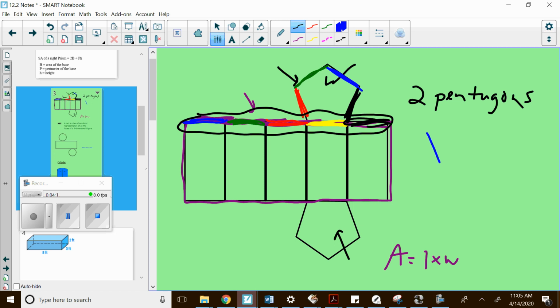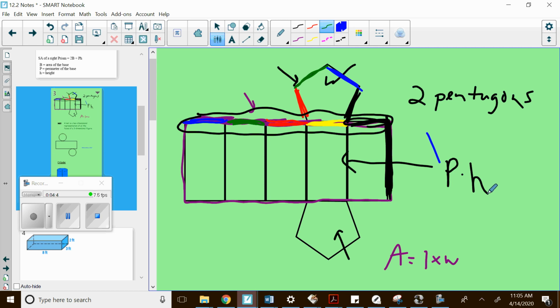And the other unit here, the height of the rectangle, is going to be the distance between the two pentagons when we put them together. So this big purple rectangle is going to be the perimeter of our base times the height. That's how we're going to find that area.